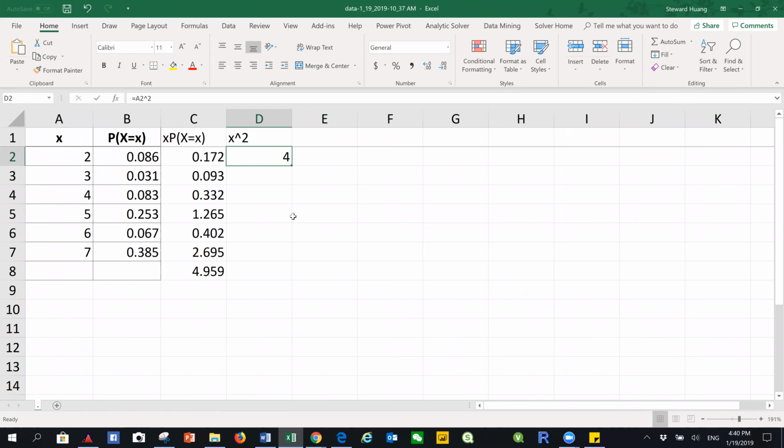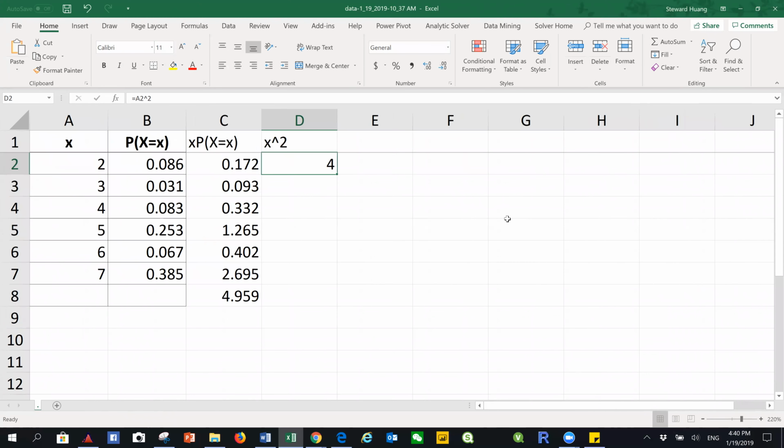You drag the corner to make it copy. So you can see 2 squared is 4, 3 squared is 9, and so forth.